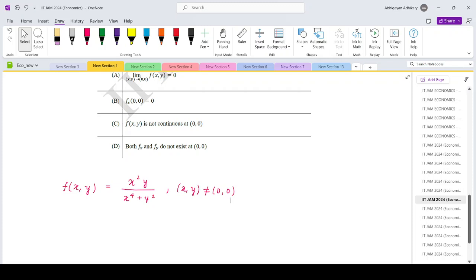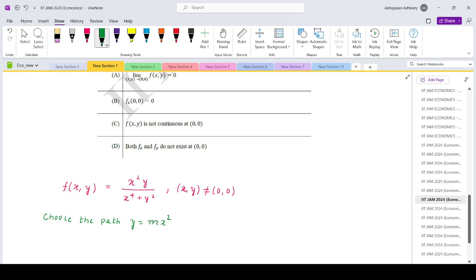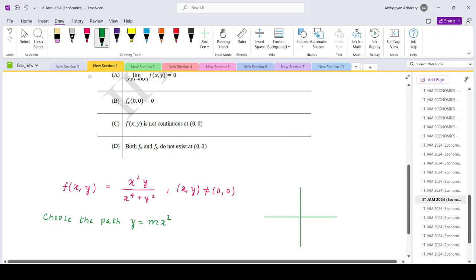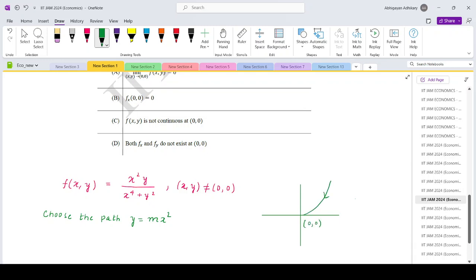Correct? Like in this question, for example, if you choose the path y equals mx squared, that means you are approaching the (0, 0) point at which you want to evaluate the limit by this path y equals mx squared. So something like this: this is your independent plane, this is your (0, 0) point, and you are approaching this point (0, 0) along this path.